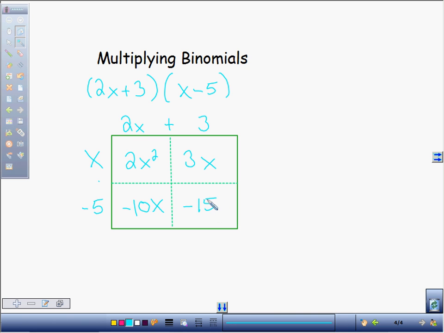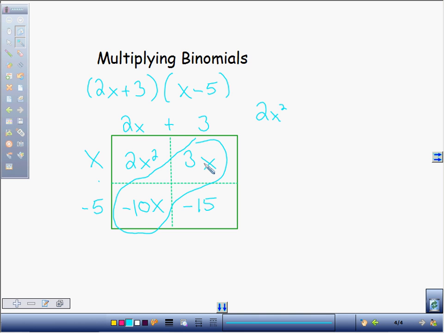That is called the area model. Then you have to combine your like terms. This goes by itself. These two are called like terms because they both have x after them, so I combine those two. Altogether, I have 2x squared. How many x's do I have?